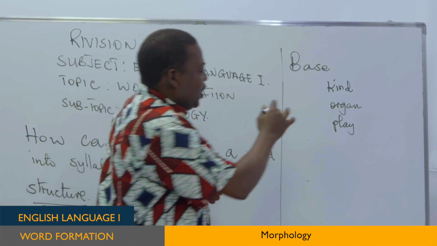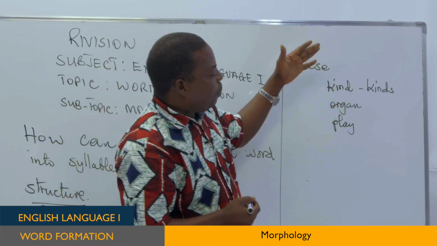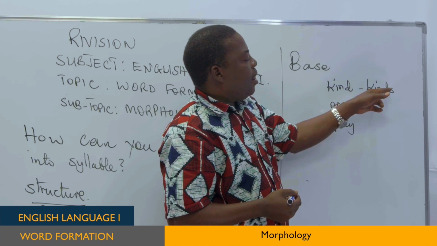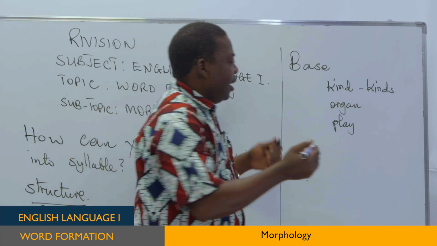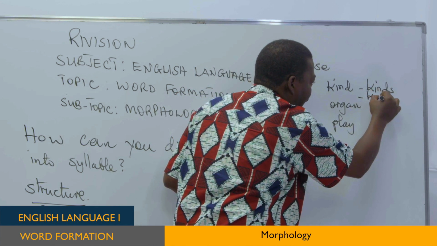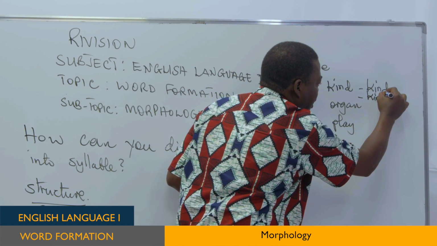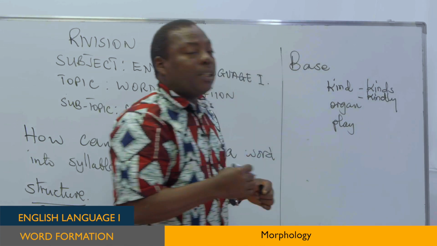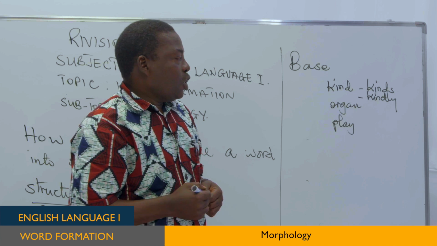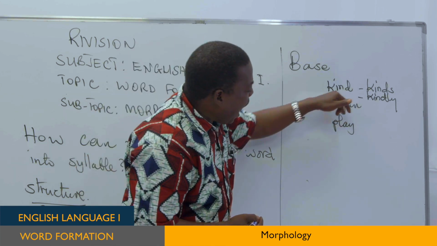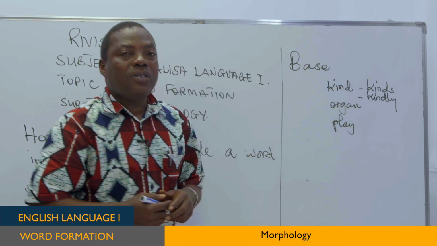This word has a possibility of accepting the inflection affix. It can as well have a possibility of accepting the derivation affix. So in this case, this word kind qualifies to be a base.